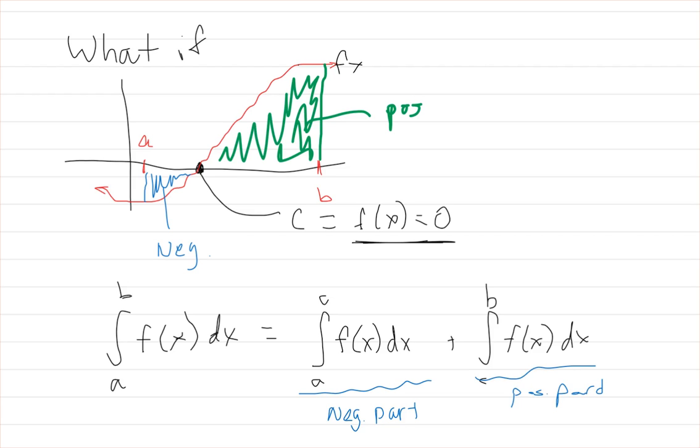So what we're saying here is if you have a definite integral from a to b of f of x dx, I can break it into two separate integrals and add them. Now, if I put the negative part in the back, all the way to the right of this equation, it would actually be the integral of f of x dx from c to b minus the negative part. Okay, so keep that in mind.